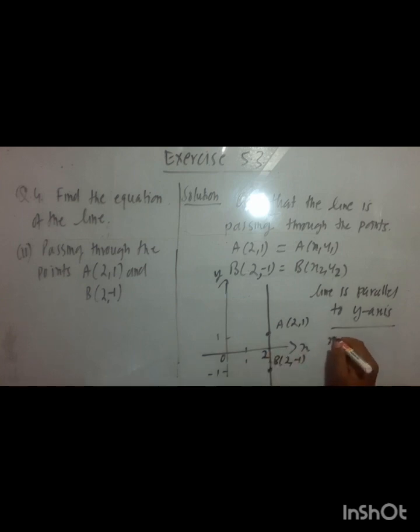So x is equal to 2 will be your equation of the line. Okay, so very simple. When the line is parallel to the y-axis, see where it is cutting the x-axis. It is cutting at 2, so x is equal to 2 is the equation of this line. Okay, very simple. Alright, so this finishes your question number 4.